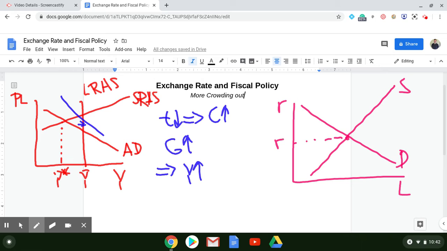Now, this type of government spending, this expansionary fiscal policy, is okay when we have surplus spending or balance spending or whatever. But more often than not, especially these days, we have deficit spending.